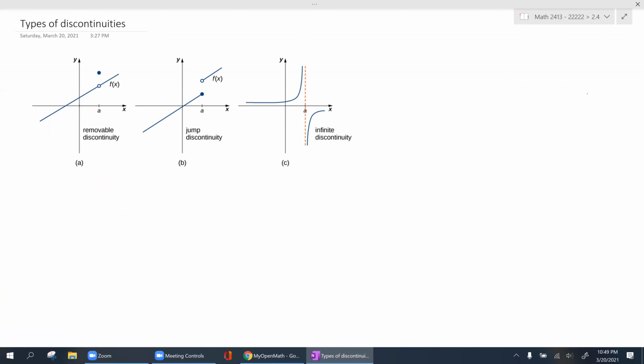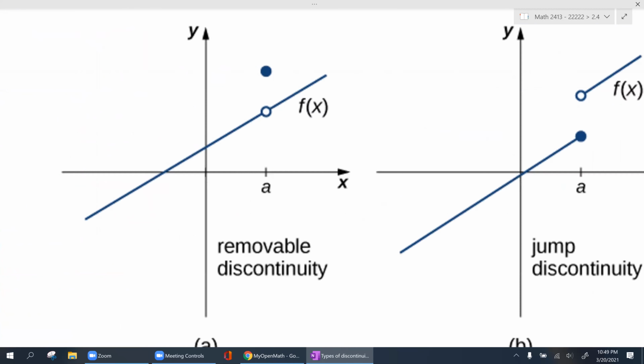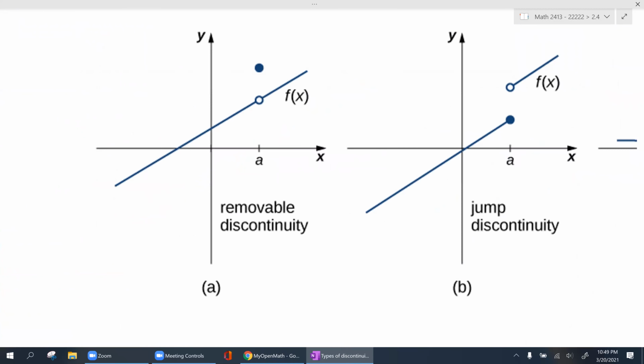There are 3 types of discontinuity that we're going to be looking at. The first one is a removable discontinuity. Imagine it was a straight line, but then there's a hole there. It was removed. On this example, we see that it was removed.